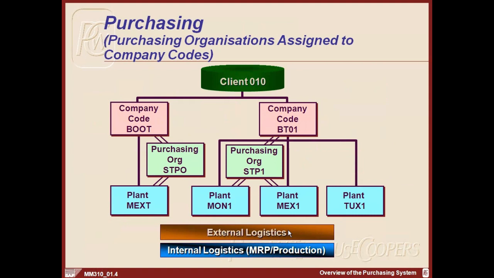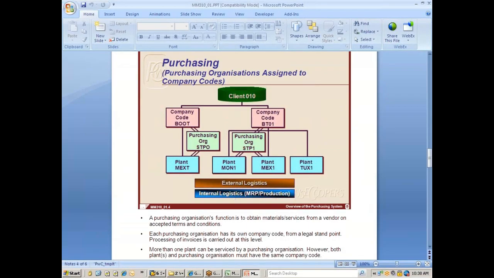Therefore, it's recommended to understand the functionality of the purchasing organization, and the various types of purchasing organizations that we have already discussed in enterprise structure. As you can see here, a purchasing organization's function is to obtain materials or services from the vendors on accepted terms and conditions. If I have to answer what a purchasing organization is, I would say this.